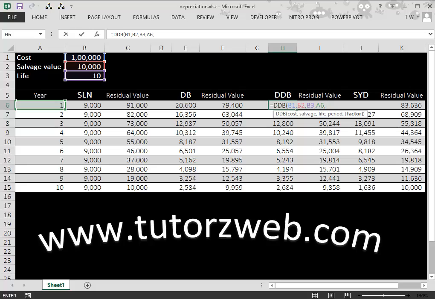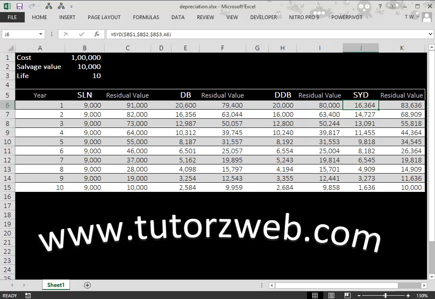If we don't specify, the rate is double, that is 2, but we can set this parameter to any rate that we want. Note, unlike the regular fixed declining balance method, for double declining balance, the number of months in the first year does not matter.